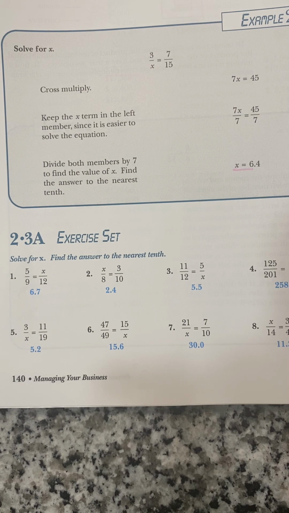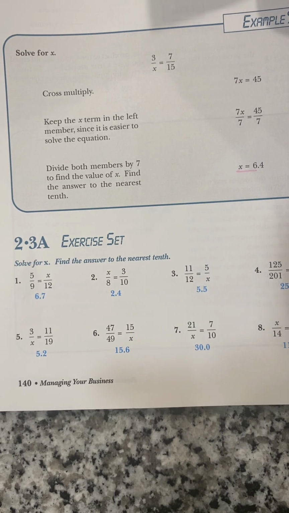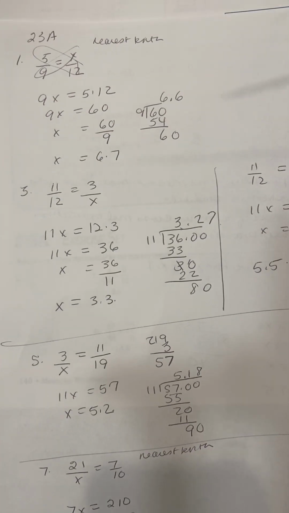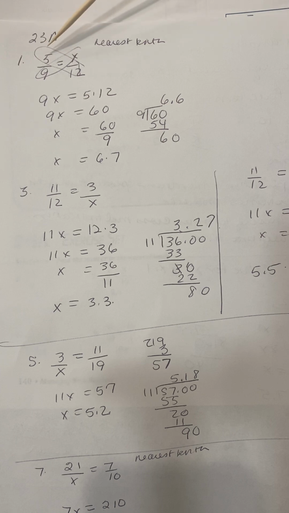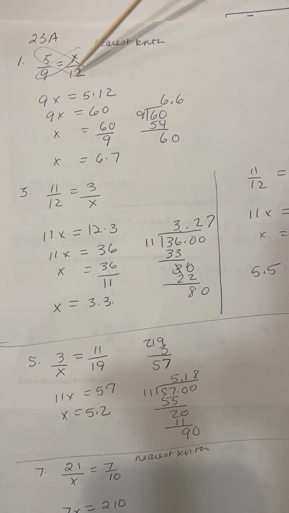So these are the exercise problems. Let's see if I did any of these for you. Here we go. So here we have the nearest tenth. So we have the extremes and means. So we have 9x right here. 9x equals 5 times 12.